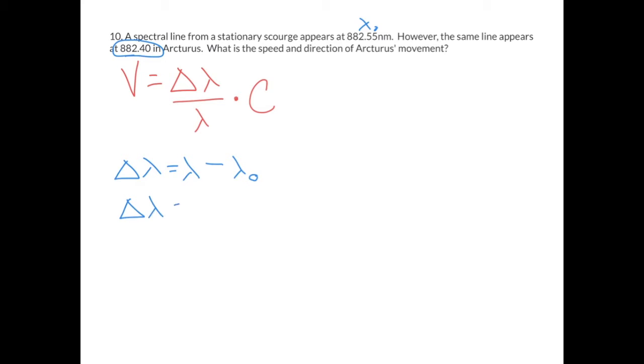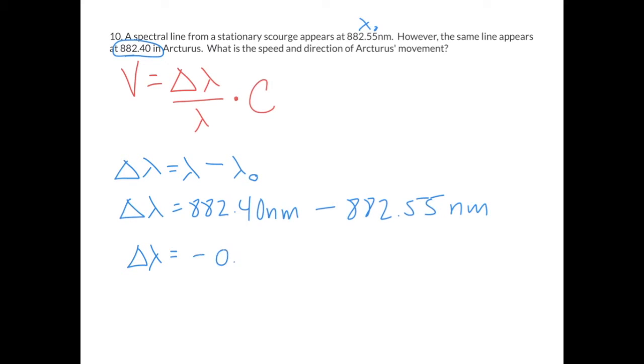So Doppler shift equals 882.40 nanometers minus 882.55 nanometers, giving us a Doppler shift of negative 0.15 nanometers. Now this negative here, without doing any additional calculations, already tells us that our wavelength got smaller.